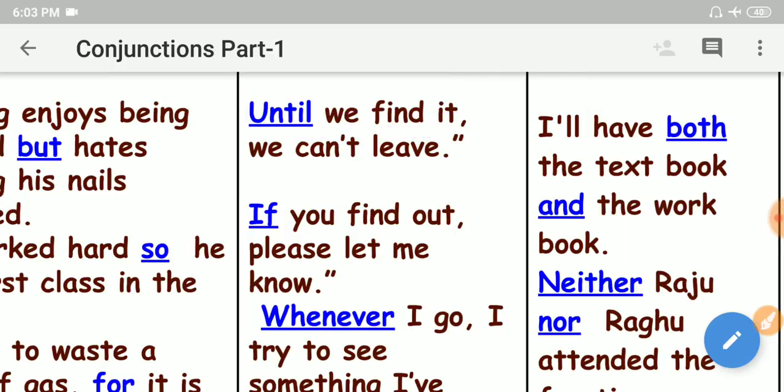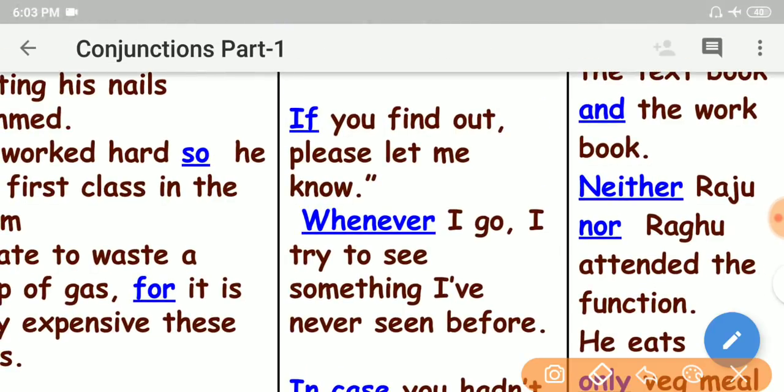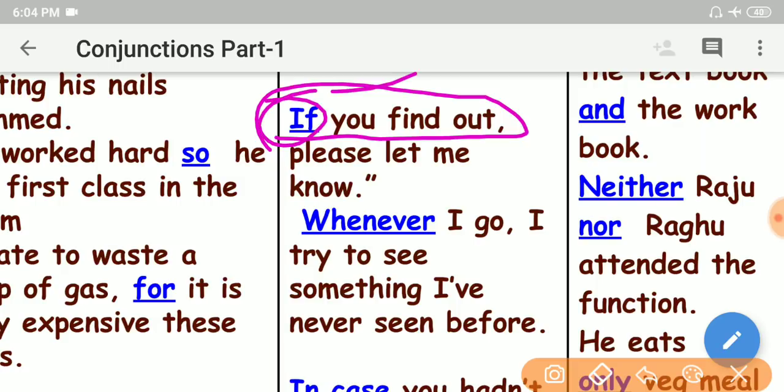Like this, in "if you find out, then what?", it again demands other information, so it is a subordinate clause, and if is a subordinate conjunction. In almost all sentences, a subordinate conjunction is used at the beginning of the subordinate clause. Of course, it can be used at the end also: please let me know if you find out.